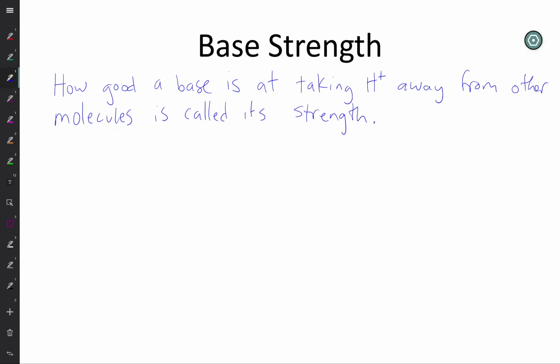The strength of a base is really how good it is at going at and ripping H+ away from other molecules. So a really strong base is one that takes H+ away from molecules easily. A really weak base is one that is unlikely to go take H+ away from another molecule. In other words, it's the likelihood of this reaction.